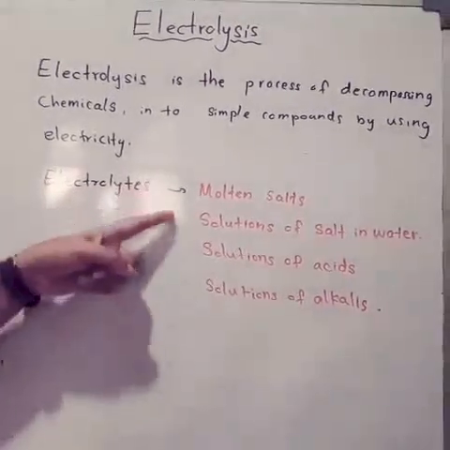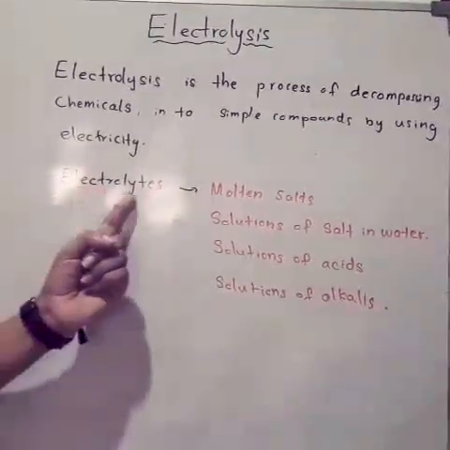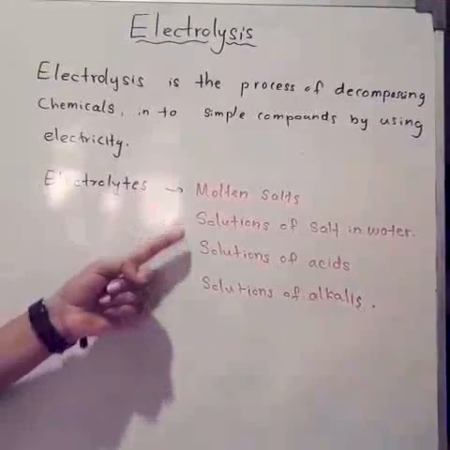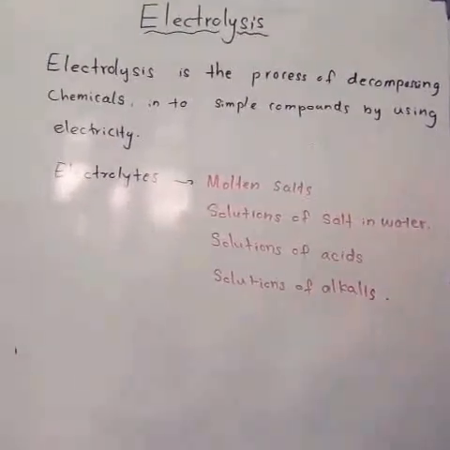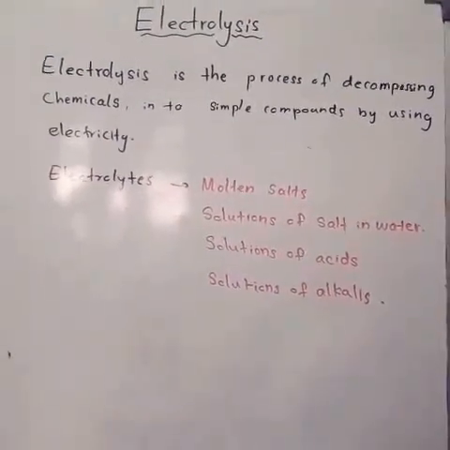When the electricity is passing through such a solution, a chemical change takes place. The initial compound is broken into simpler compounds. The solution is called an electrolyte. These are the electrolytes we use in electrolysis.